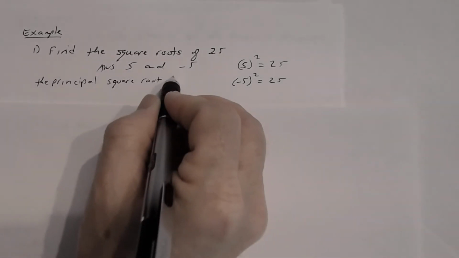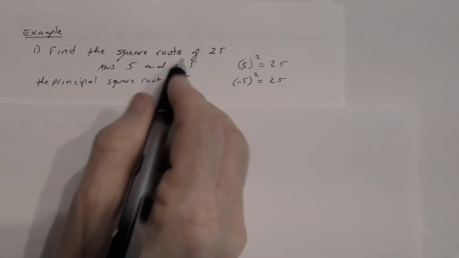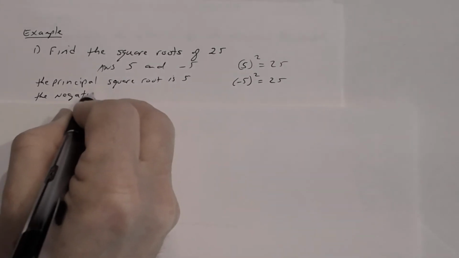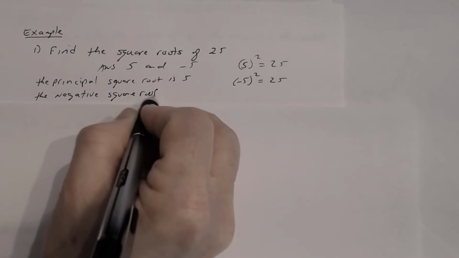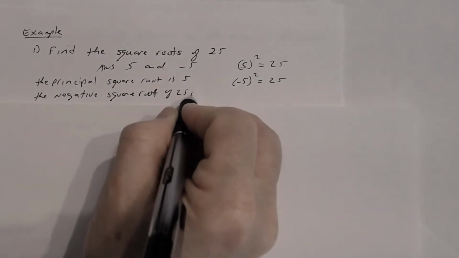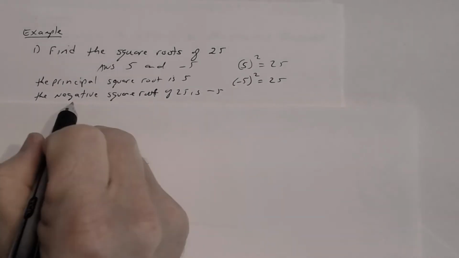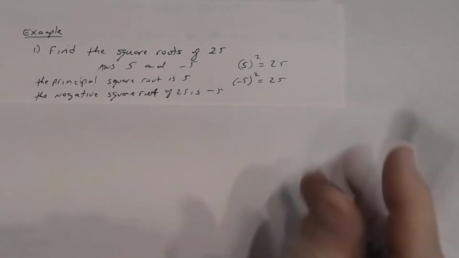It's 5. Remember, the principal square root is the positive one. So this is the negative square root. The negative square root of 25 is negative 5. So the principal square root of 25 is 5. The negative square root of 25 is negative 5 because negative 5 squared is 25.